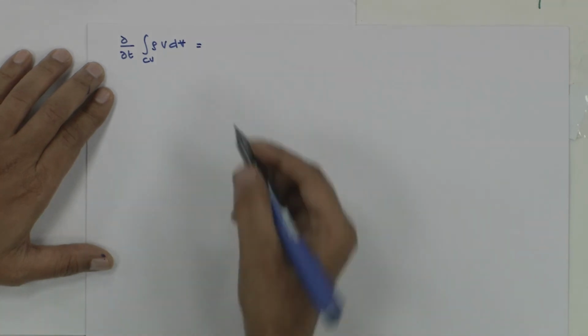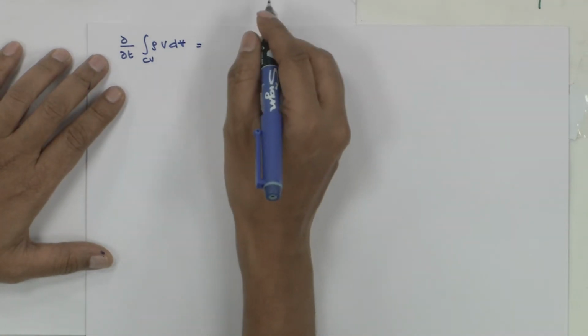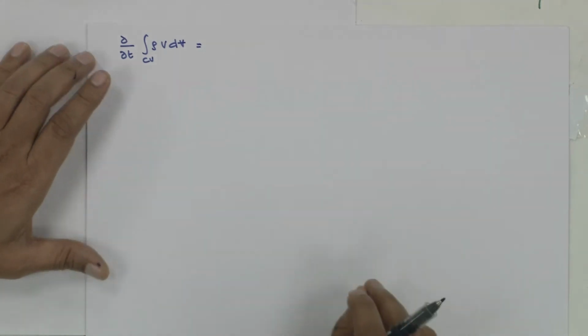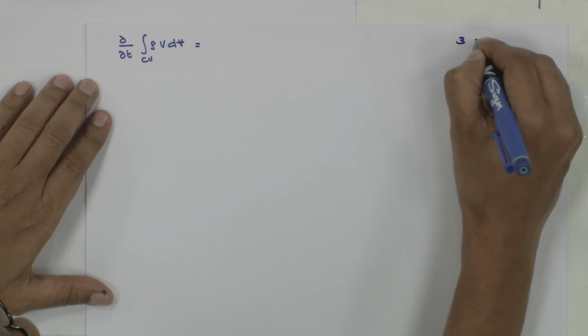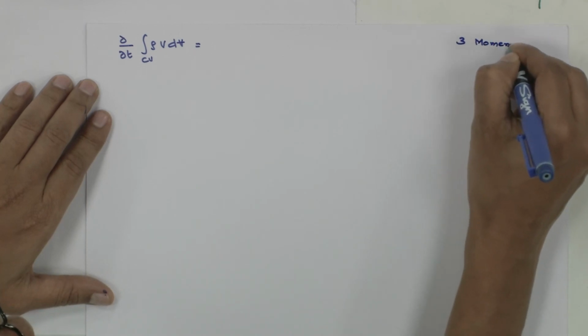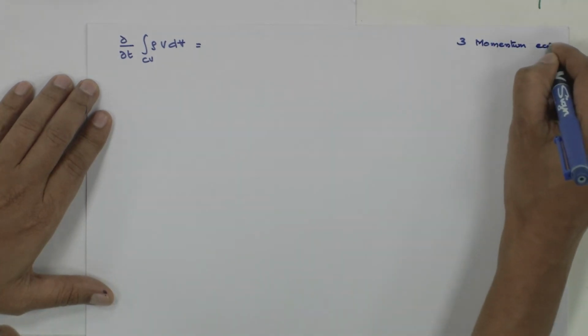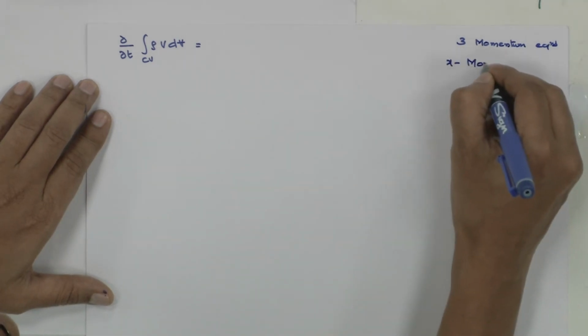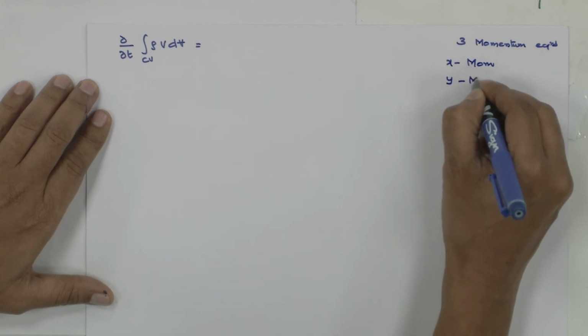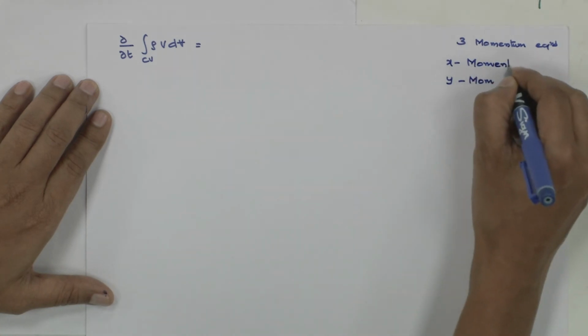Okay. So, to remind you, there are going to be three momentum equations, in three directions: x momentum, y momentum and z momentum.